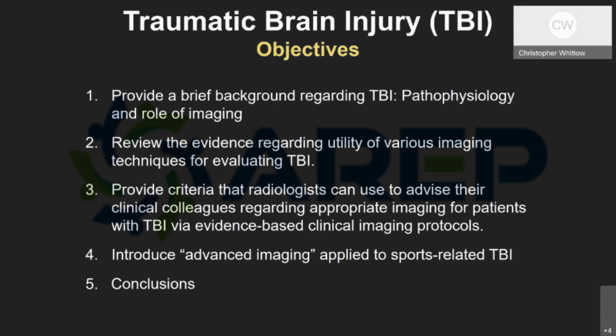And finally, I'll briefly talk about so-called advanced neuroimaging methods, in this case specifically related to repetitive sports-related TBI, and work that I'm conducting in my lab using these advanced neuroimaging methods to study repetitive sports-related head impact exposure.